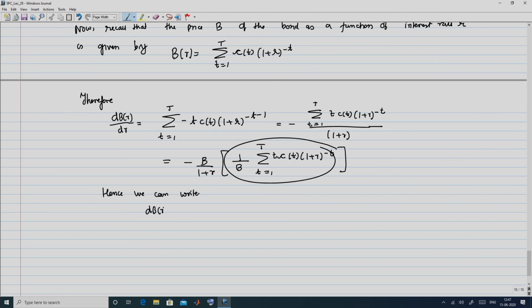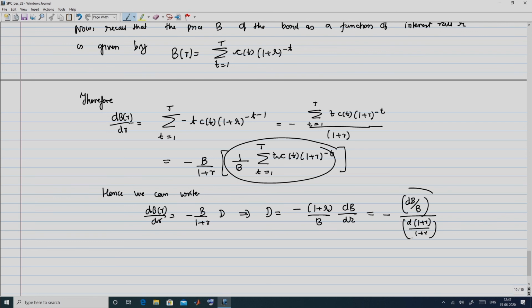So, hence we can write that dB dR is going to be minus B into 1 plus R into D, which implies that D is going to be minus of 1 plus R over B into dB over dR, and this can be rewritten as minus of dB over B, that means the rate of change in the bond price, divided by d of 1 plus R over 1 plus R. So, this is going to be the rate of change of the bond price over the rate of change of the interest rate with a minus sign, and this is the same as the definition of duration.